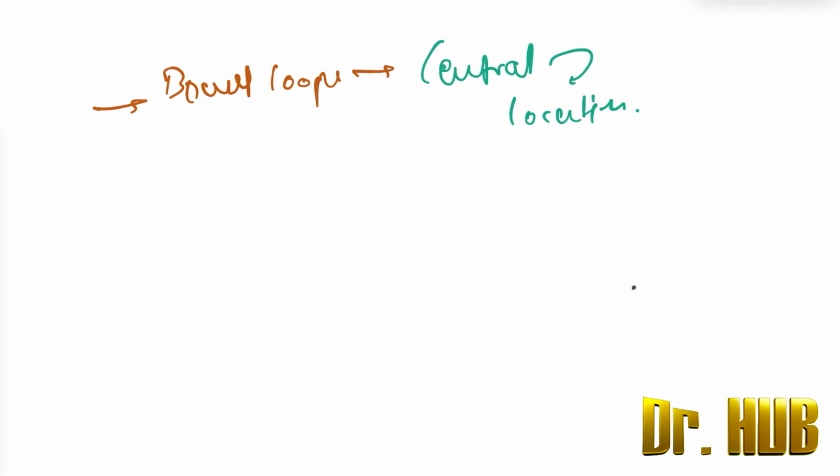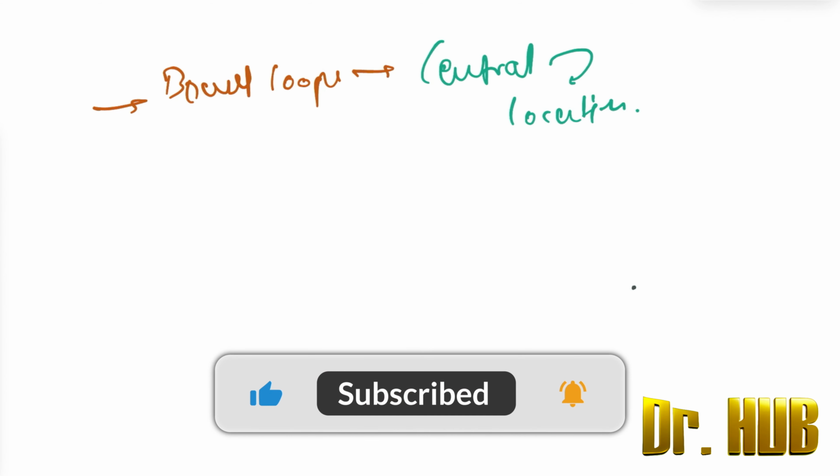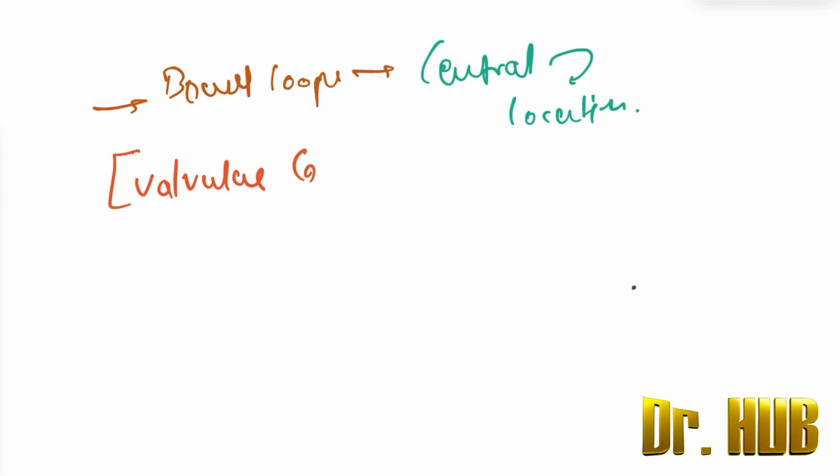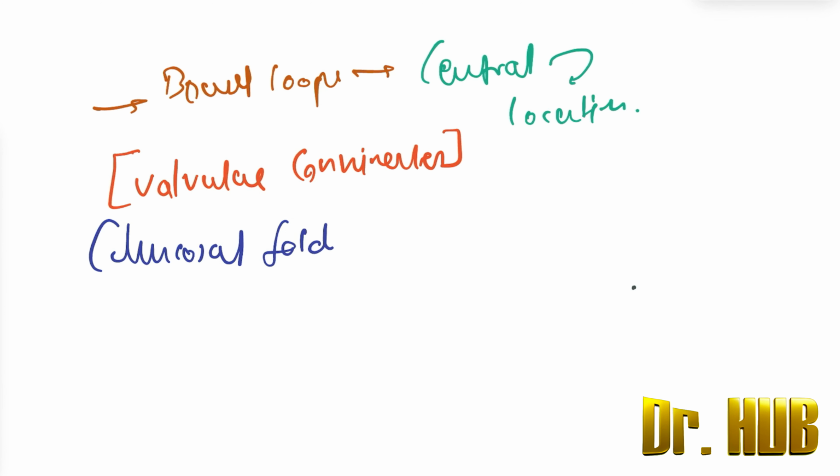They are central in location and show valvulae conniventes. What does it mean? It means that there are mucosal folds that cross the entire diameter of the bowel.